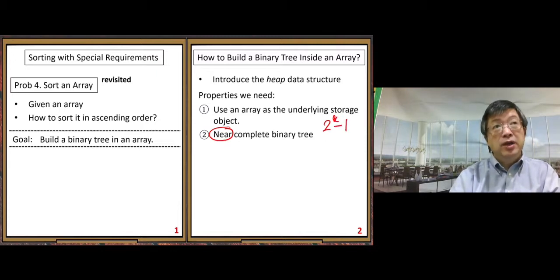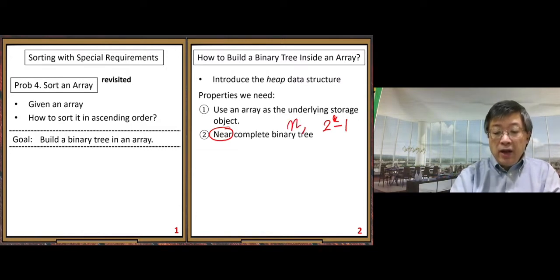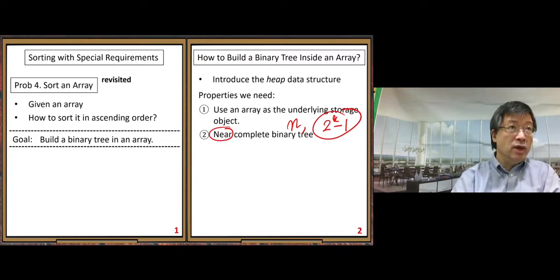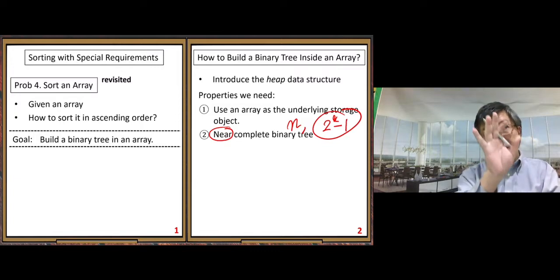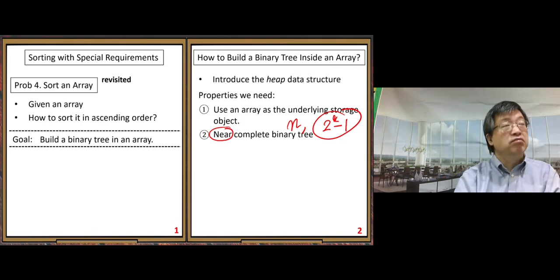But when we consider a general array, the size is n. This n may not have this form, 2 to the k minus 1. If it's not in that form, we cannot get a complete binary tree. But we try to make it as close as possible to a complete binary tree. So we give a name near complete, not exactly complete, near complete.